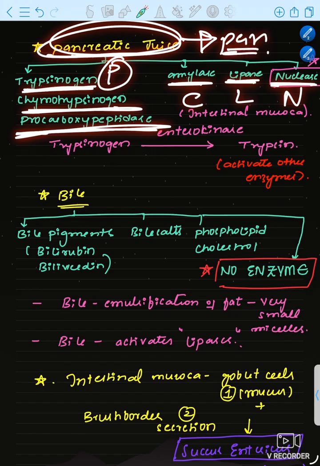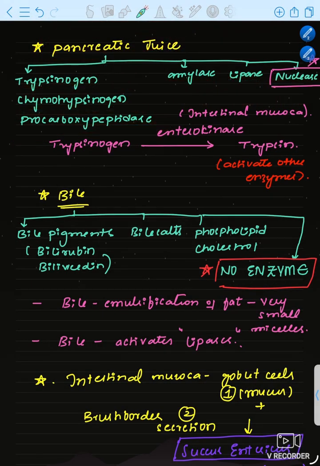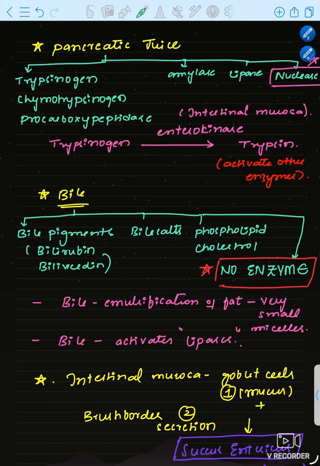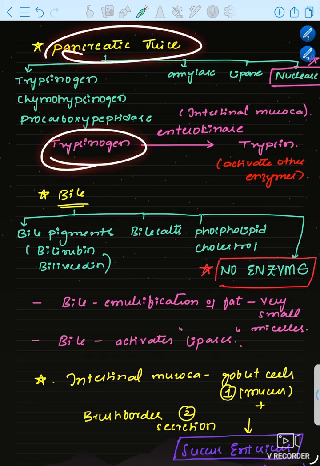By the pancreatic juice, all breakdowns will occur. That is protein: trypsinogen, chymotrypsinogen, procarboxypeptidase; carbohydrate: amylase; lipid: lipase; and nuclease, that is nucleic acid. Okay. So first, trypsinogen in pancreatic juice, pepsinogen in gastric.